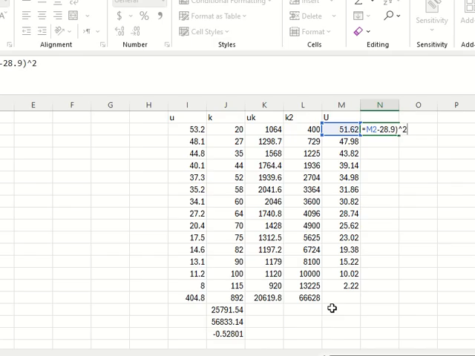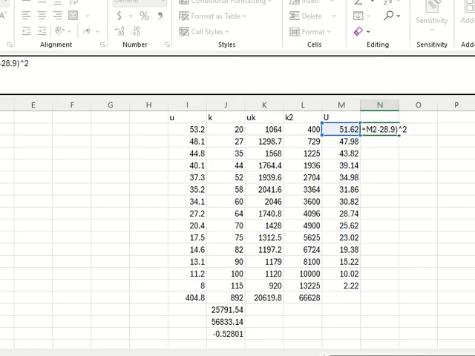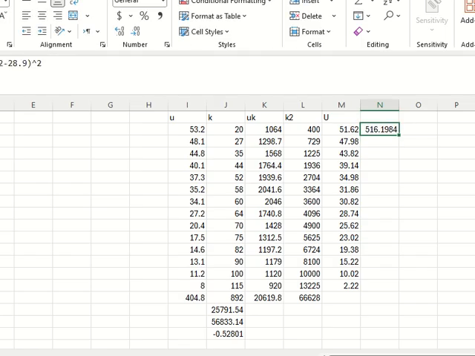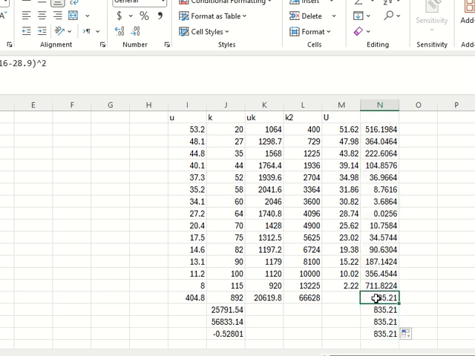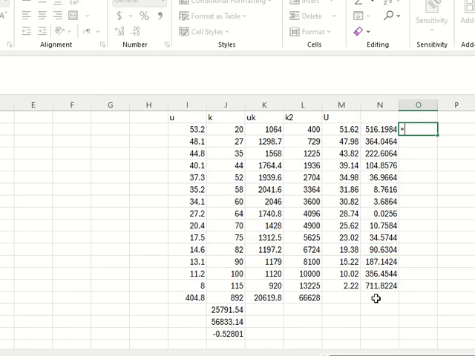I'll show you the equation again just to remind you. So this is the difference with the value of the equation. And then I do the same with the actual ones. Am I making a mistake?